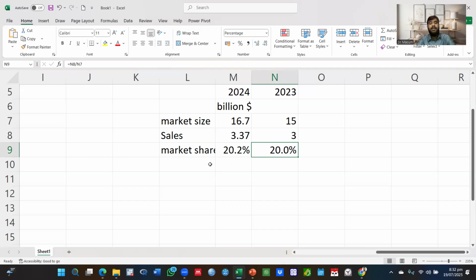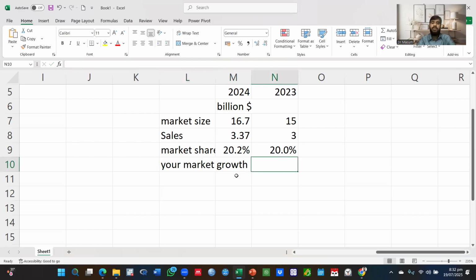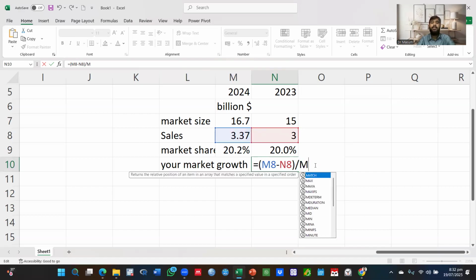So there is a market growth. What is your market growth? Your market growth was 3.37 minus 3, divided by 3. Not 3.37. This one is the base year.